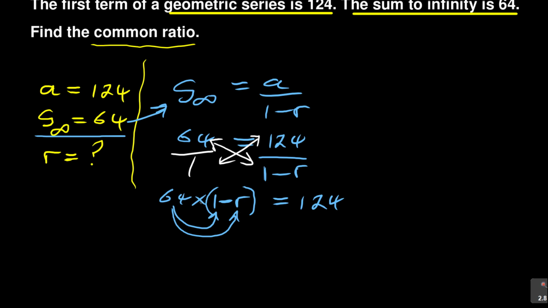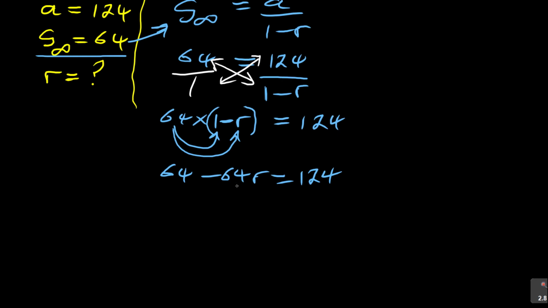But since I've already opened the bracket, it's still fine. 64 times 1 is 64 minus 64 times r. 64r is equal to 124.